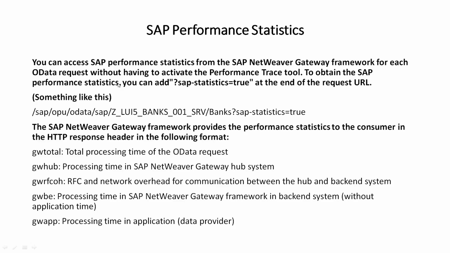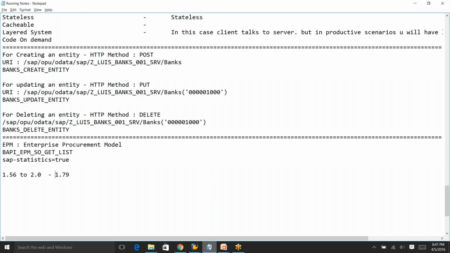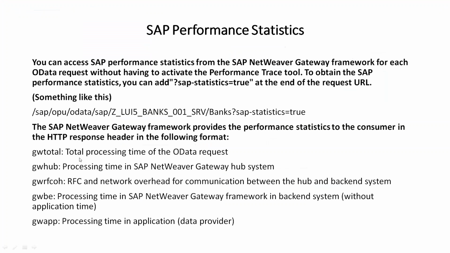SAP performance statistics, as I have told you earlier, when you use this query option sap-statistics equal to true, it is going to give you these different components. One is gateway total, the total processing time for the OData request. The second is gateway hub, the processing time in the SAP NetWeaver Gateway Hub system.